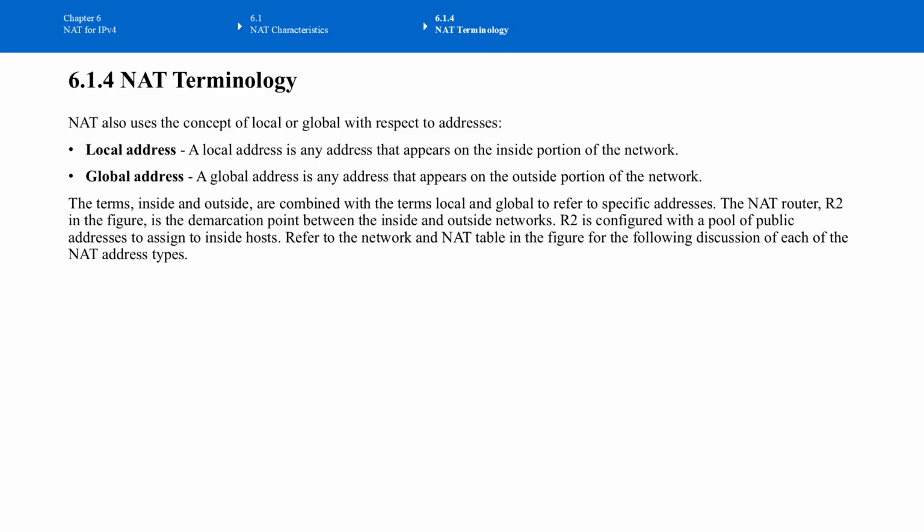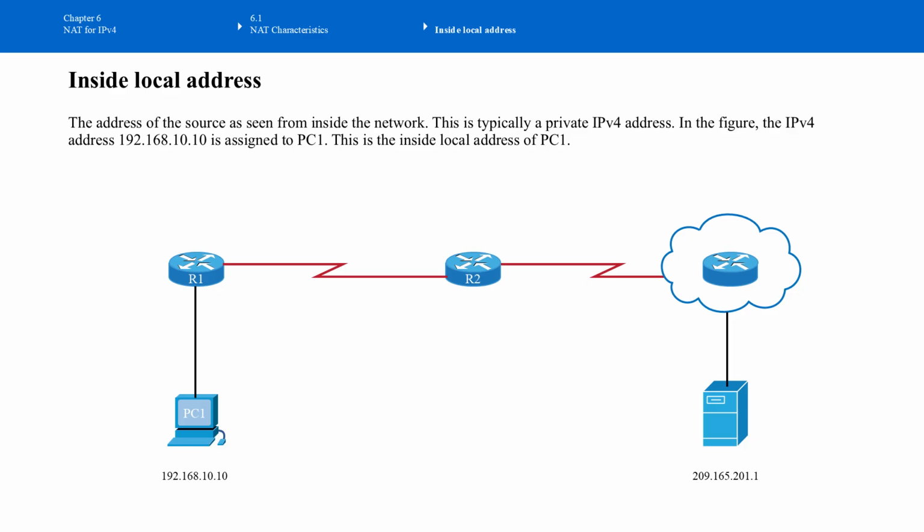The terms inside and outside are combined with the terms local and global to refer to specific addresses. The NAT router R2 in the figure is the demarcation point between the inside and the outside network. R2 is configured with a pool of public addresses to assign to inside hosts. Refer to the network and the NAT table in the figure for the following discussion of each of the NAT address types.